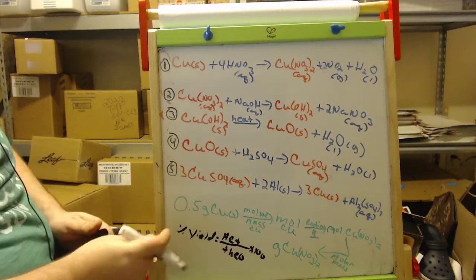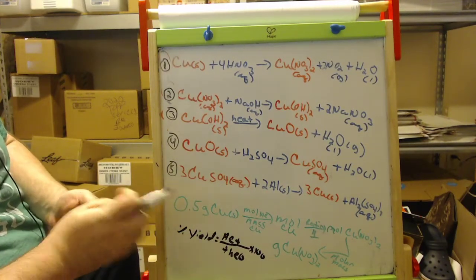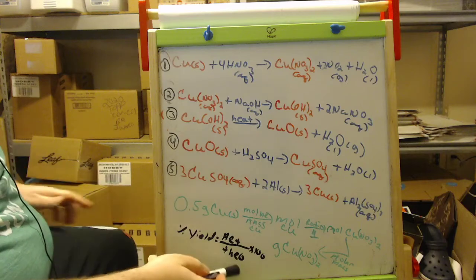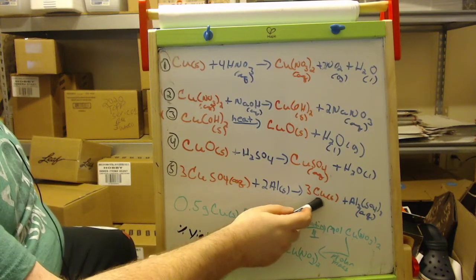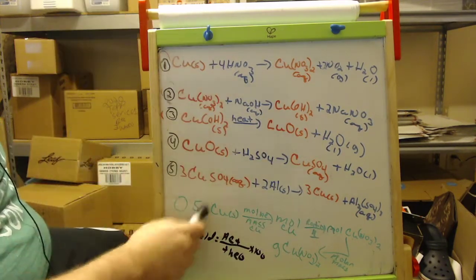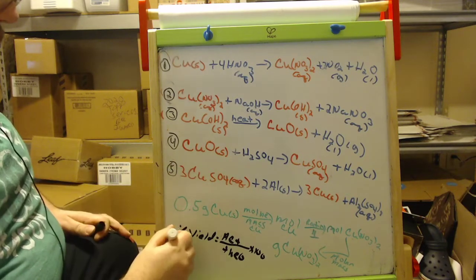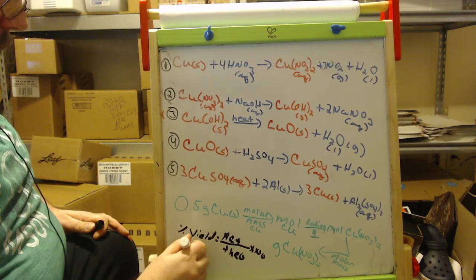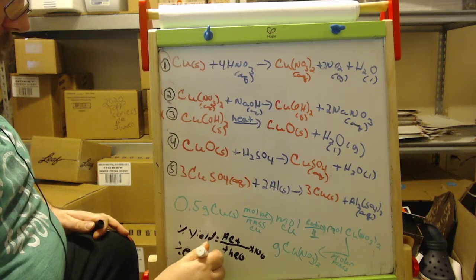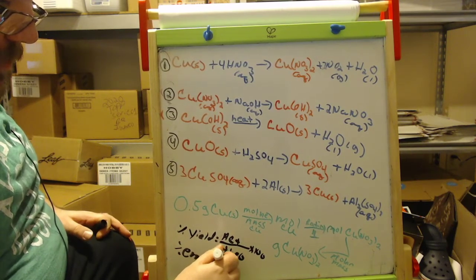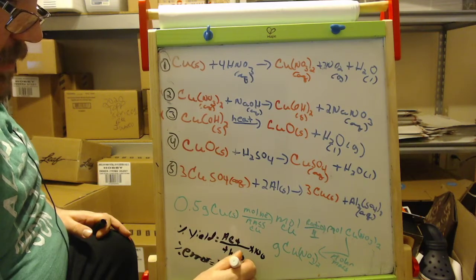So I'll give you an actual experimental yield that you would have gotten in lab, and you'll put it over whatever you calculate your theoretical to be, which should be 0.5 from what you're starting with. Your percent error is equal to the absolute value of 100 minus your yield.